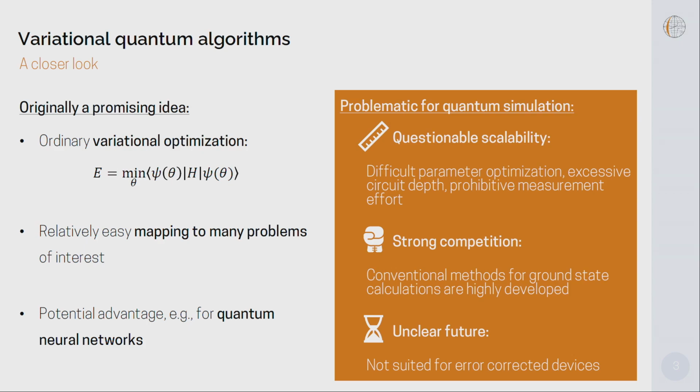When you look at it, it's very nice. It's easy to understand. You minimize the energy of some Hamiltonian with some parameterized state. Relatively easy also to map to a large variety of problems. So that's really cool. Also, I won't say that variational algorithms are out of the question.